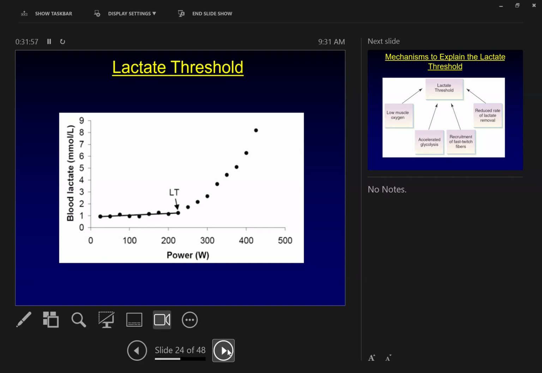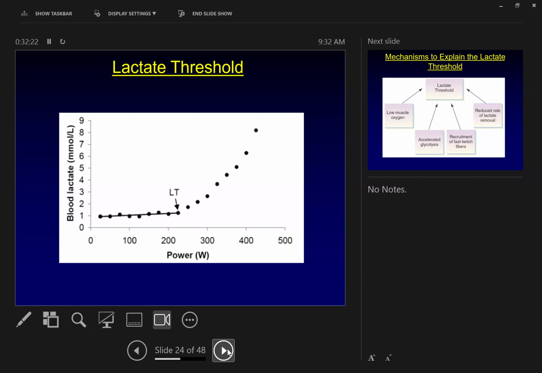If you are at rest, blood lactate is about 1 or so, and you start exercising. You can imagine a slow walk, a regular walk, up to a jog, up to a brisk jog, and you will note that lactate levels in the blood stay relatively constant.